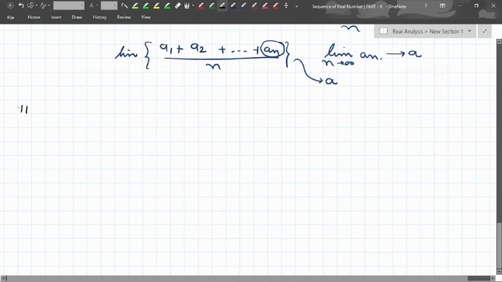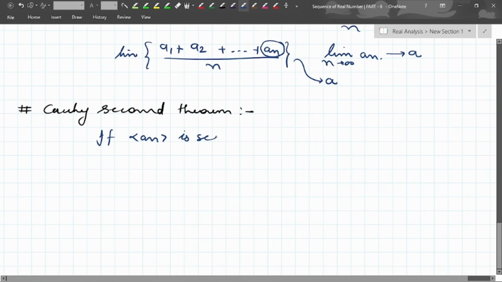Now, what is the statement of Cauchy's second theorem? Let's say an is a sequence of positive real numbers such that an is converging to a.